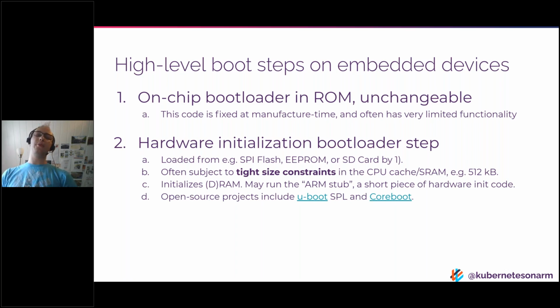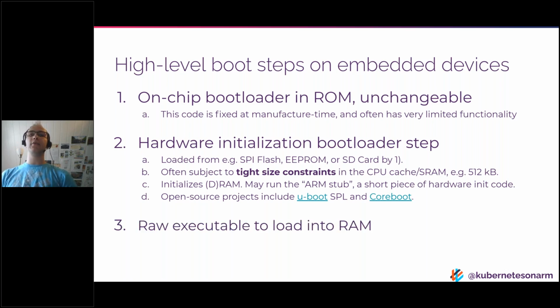So this is the purpose of the second bootloader. Open source projects that do these things are U-boot, specifically U-boot SPL, which is popular on ARM devices, and then coreboot. The second bootloader loads a raw executable straight into the newly initialized RAM.